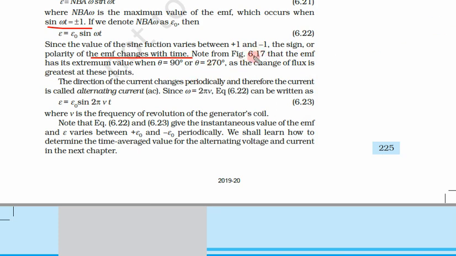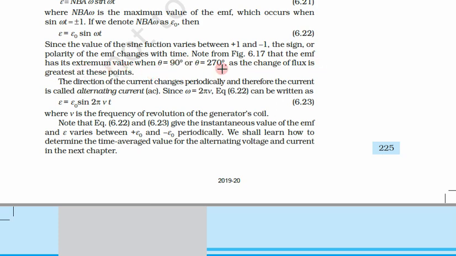Note from equation 6.17 that EMF has extreme value when theta is equal to 90 degree or theta is equal to 270 degree, as the change of flux is greatest at these points. So let us see when this EMF becomes maximum.